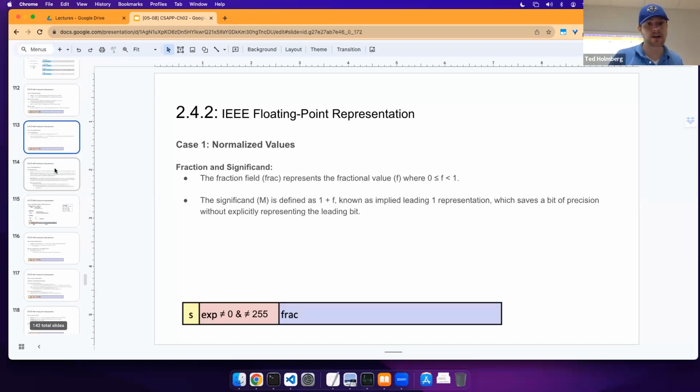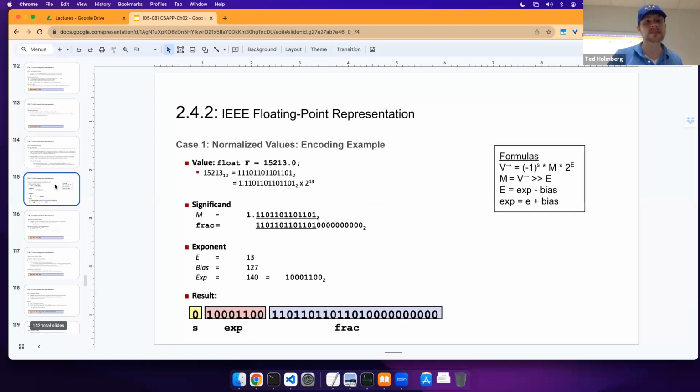And so here, our bias term is defined as 2 to the power of n minus 1, minus 1. If it's 8 bits, then n minus 1 is 7 bits. So 2 to the 7 is 128, and we subtract 1, that's 127. So for our E, we add our bias.